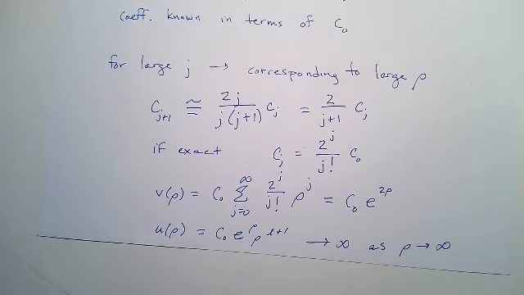So what that means is, what we did with our harmonic oscillator solution, that our series must terminate at some maximum value. So our series must terminate at some J max, we'll call it.